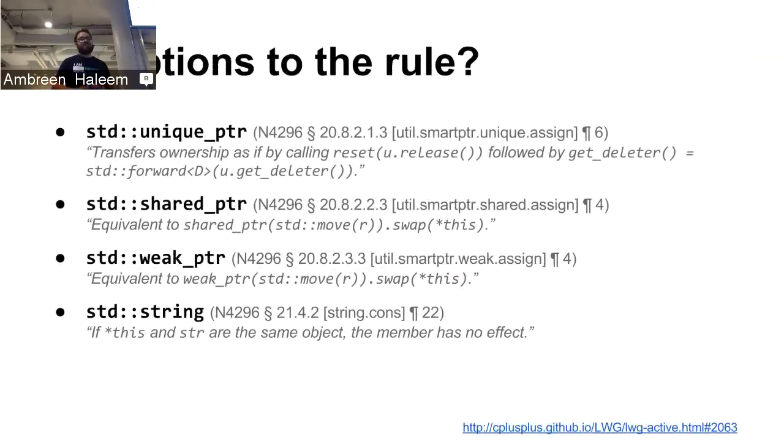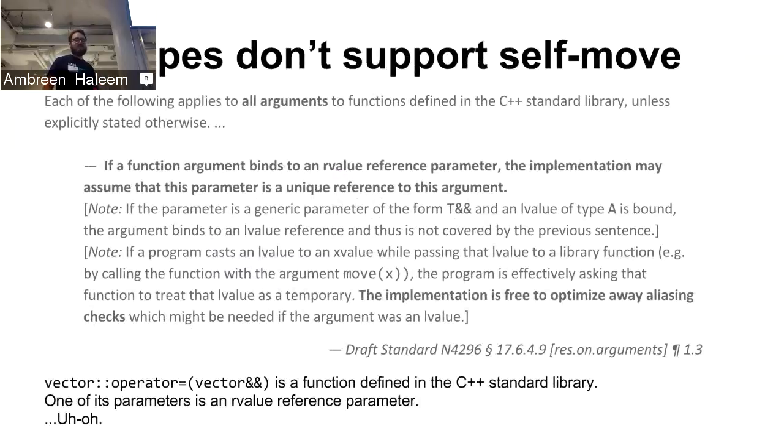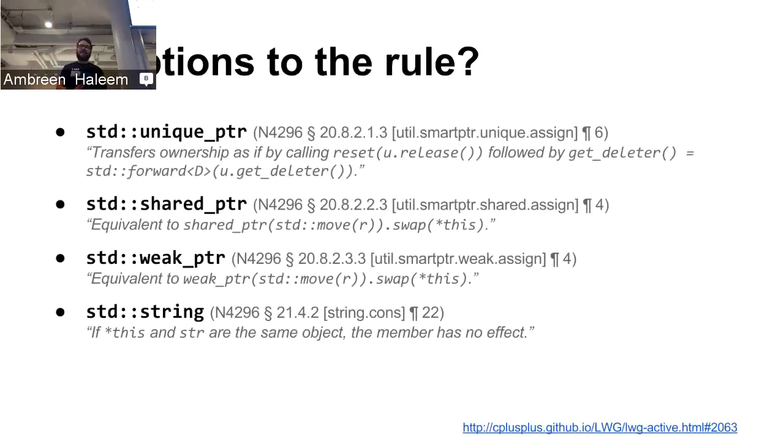There are a few possible exceptions to the rule, because you'll notice that the preamble to this bullet point says each of the following applies unless explicitly stated otherwise. And there are some places in the standard where they're stating otherwise, maybe explicitly, maybe not.